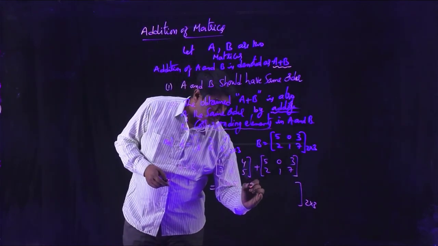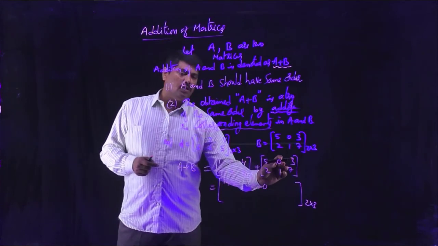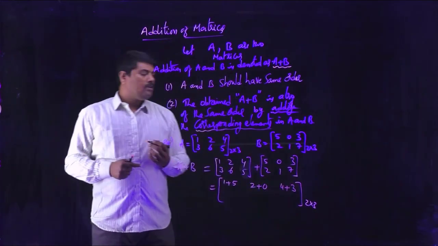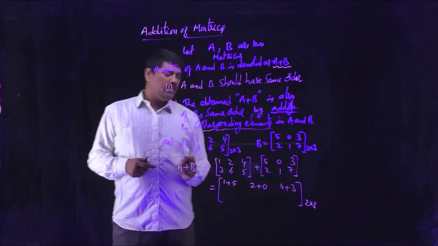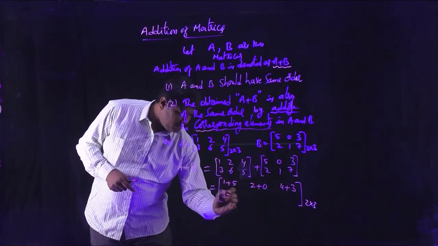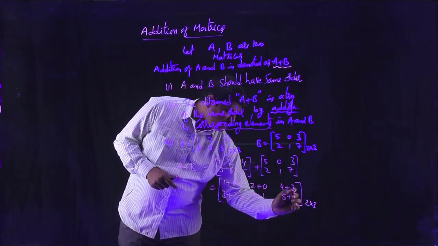Similarly, add 2 plus 0, next 4 plus 3. Similarly, adding the second row, 3 plus 2, 6 plus 1, 5 plus 7.